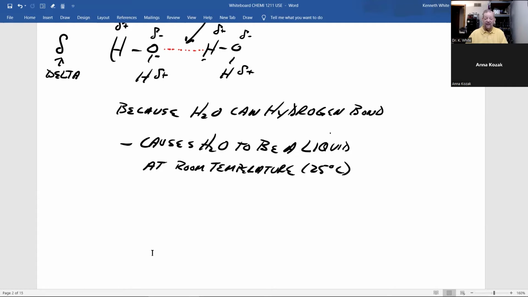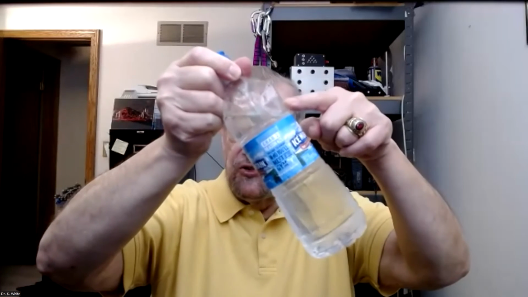And think about it. If it wasn't for hydrogen bonding, this wouldn't be a liquid, this would be a gas. We wouldn't have the oceans on our planet. Think about your blood, my blood. I don't know if you can see my veins there. There you can. And that's mainly water. What if it were a gas?